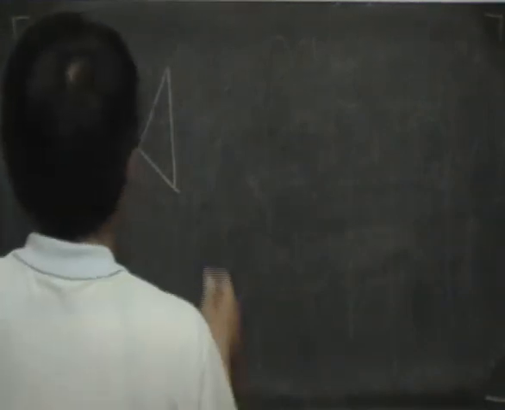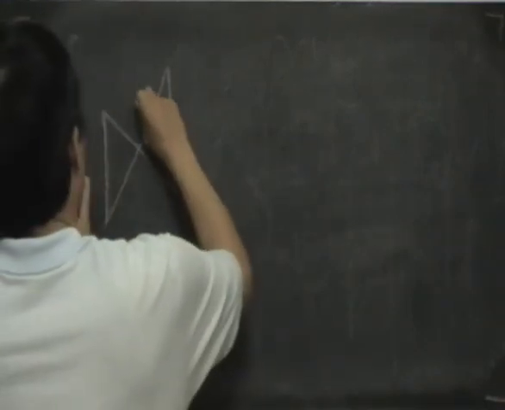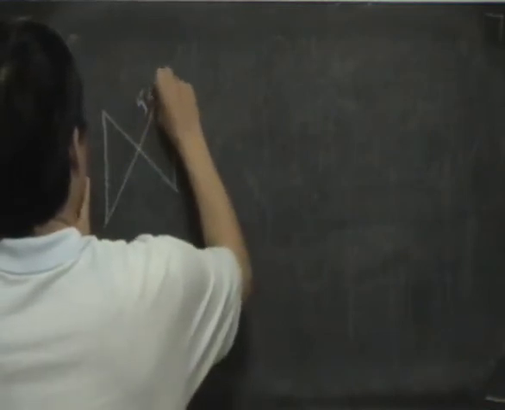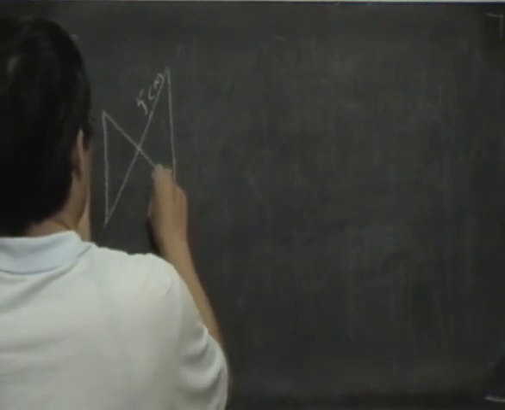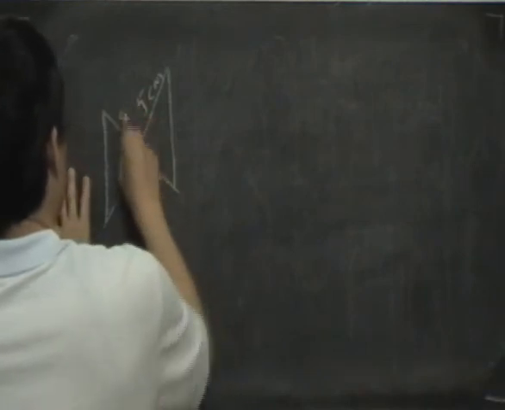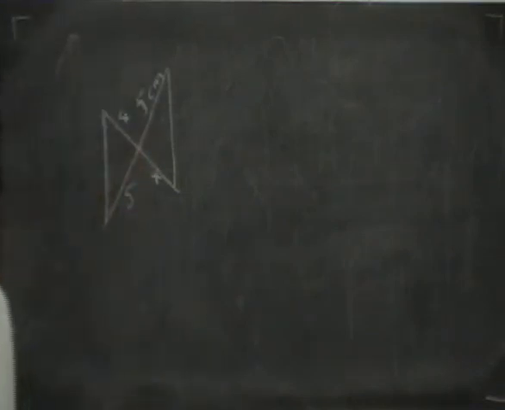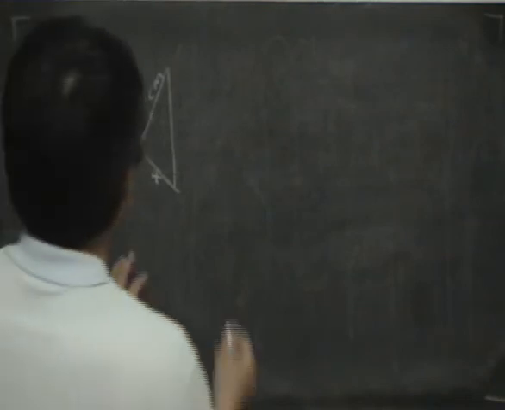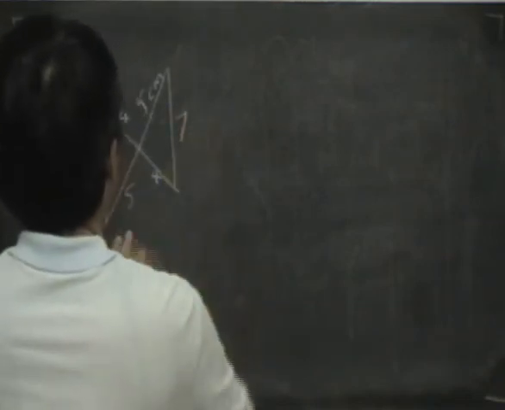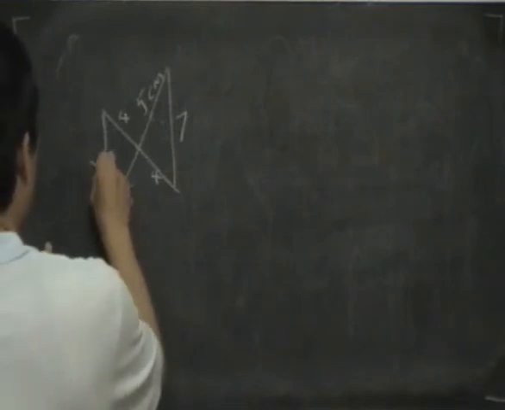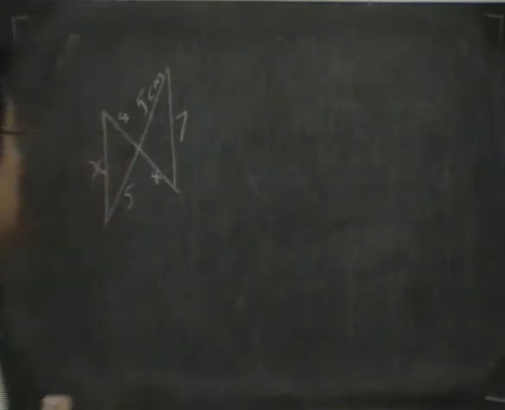Suppose that this is 5 centimeters, this is 4, that is 4, that's 5. And suppose that this is 7 centimeters. So the question is, what is the length of this side?